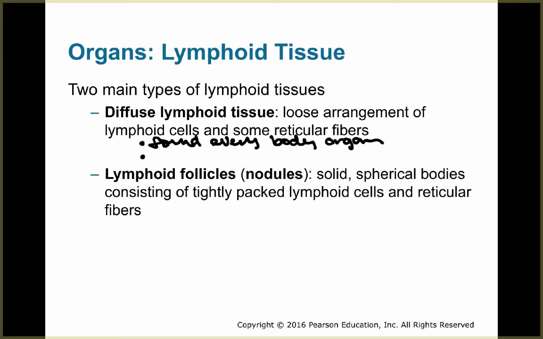And you find it in larger collections in the lamina propria, which is essentially the connective tissue under the epithelial layers of the mucosa membrane in body locations like the opening of the mouth or anus.